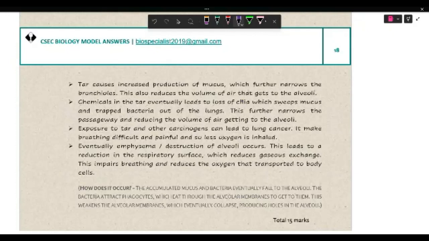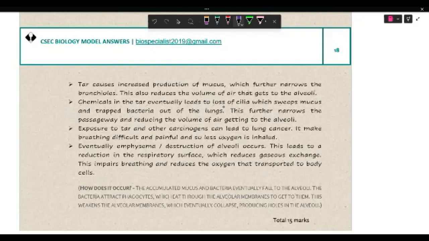So the cilia are those almost like hairs in the linings of the bronchioles that sweep mucus out, and the mucus traps the bacteria and sweeps that out of the lungs, right? So that's why, especially when you have a cold, you'll notice that you would be coughing, right? And you'll take things to bring up the cold, right? So that's the mucus that's trapping the bacteria in your lungs, and you want to get that out of your lungs, and you cough it out, right?